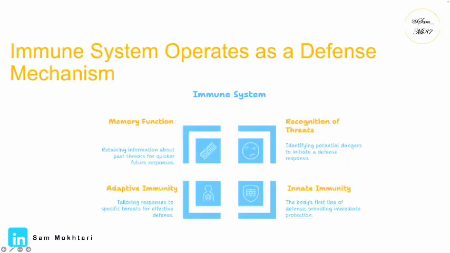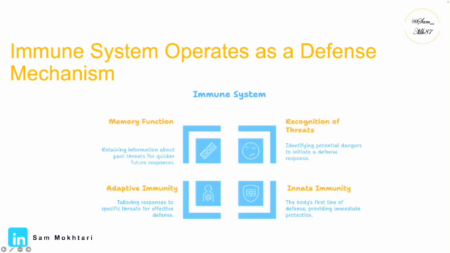The immune system operates through a complex network of cells, tissues, and organs working together to protect the body from infection and also maintain overall health. There are a number of key functionalities within this immune system. The very first one is the recognition of threat. The immune system distinguishes between self, which is the body's cells, and non-self, which is the foreign invaders.